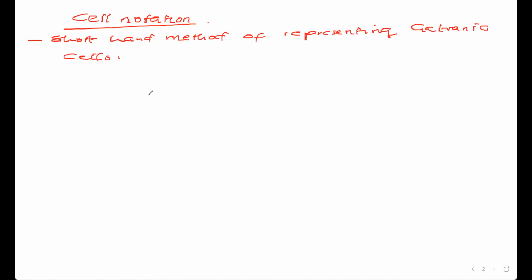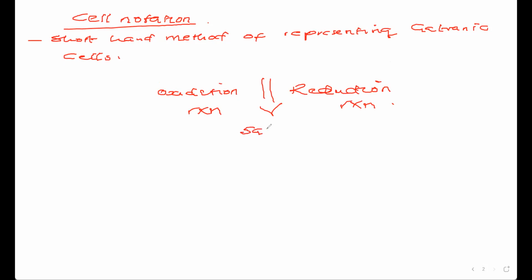So how does it exist? You are going to have the oxidation reaction on the left-hand side, then a double vertical line, then the reduction reaction on the right-hand side. So these double vertical lines represent the salt bridge.